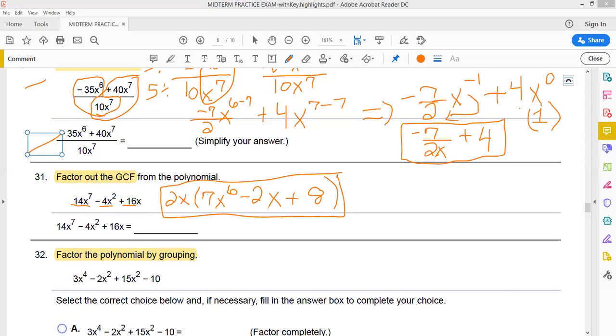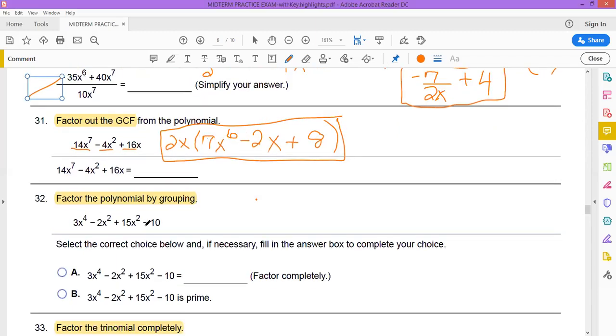Now let's look at number 32. We're going to factor by grouping. Now remember, when we're factoring by grouping, what we want to attempt to do is group together the first two terms and the last two terms. And then we find the GCF between both of those terms, the greatest common factor. So is there a factor between 3x to the fourth and minus 2x squared that we can factor out?